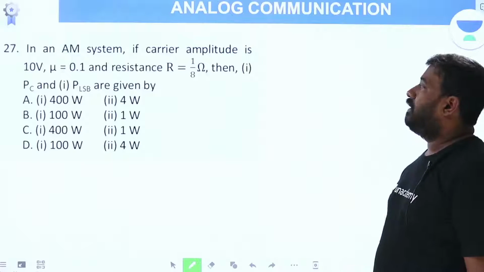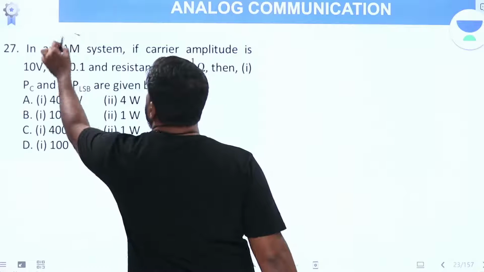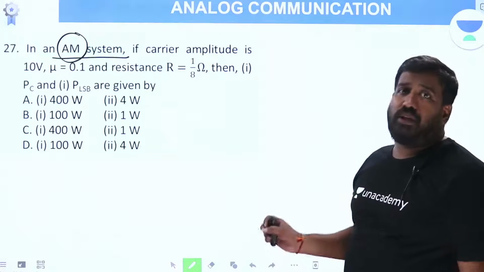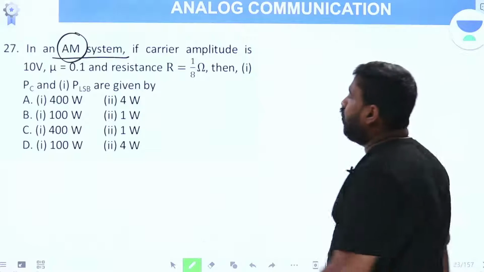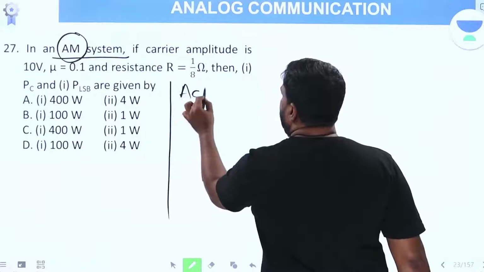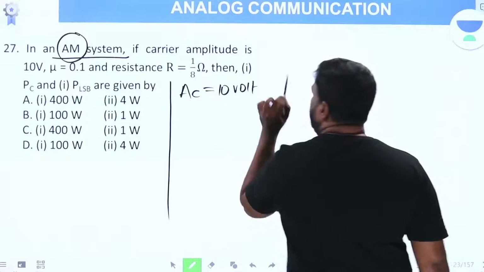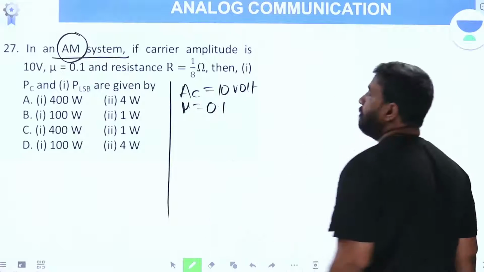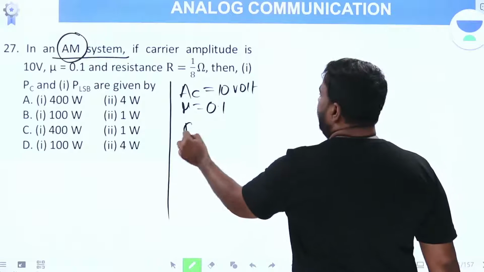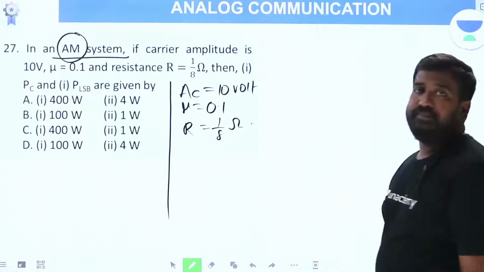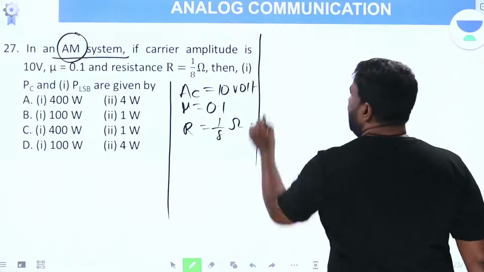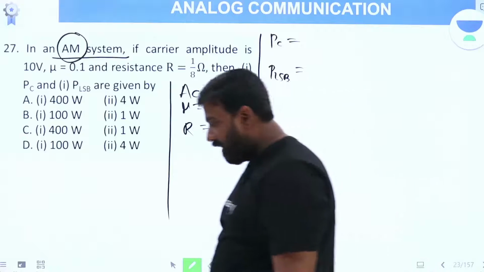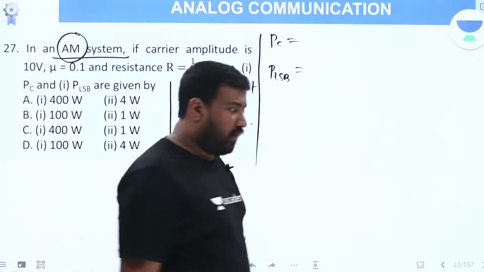Next. In an AM system, if the carrier amplitude is 10 volt, mu is equal to 0.1, and resistance R is 1 by 8 ohm, find the carrier power and the lower sideband power.